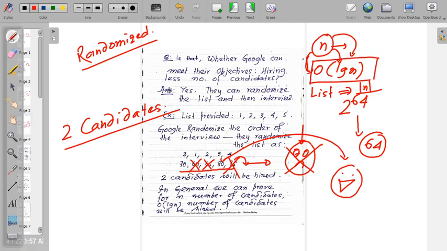That was our claim. We haven't proved it. That is our claim, that Google will be able to achieve this.